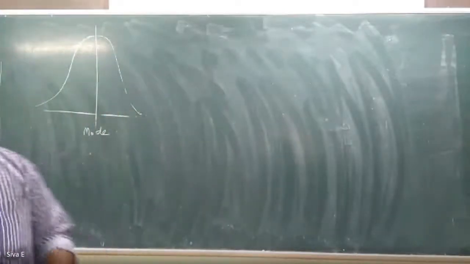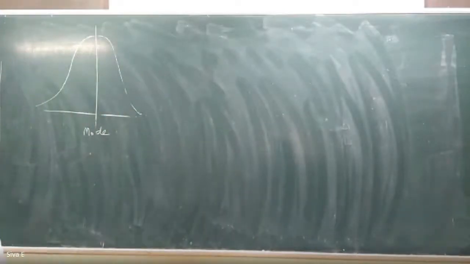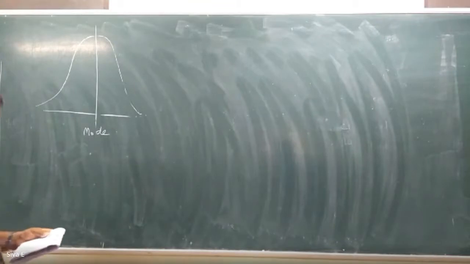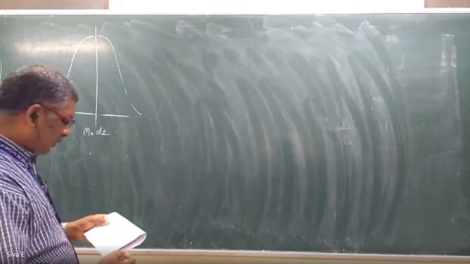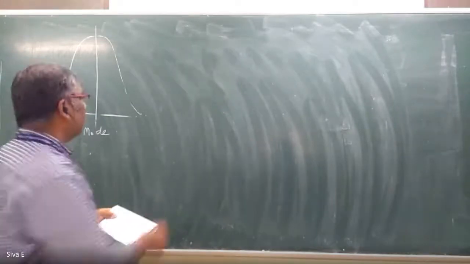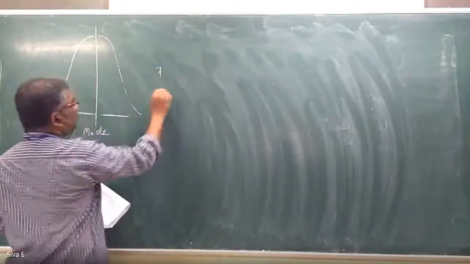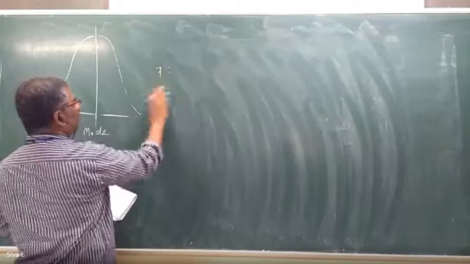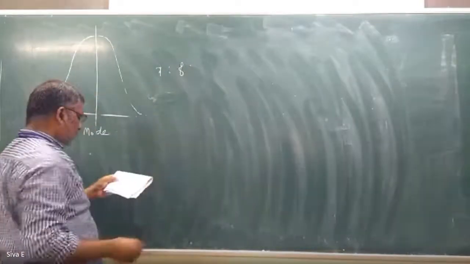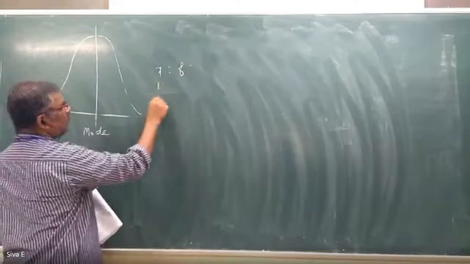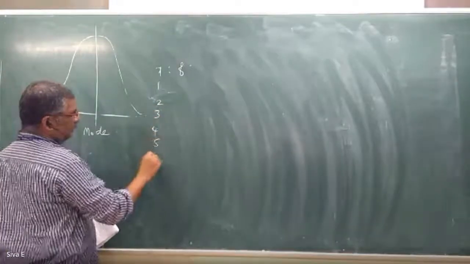Even for the discrete case, write a simple problem. Find the mode of the following data. X and F. This is a very simple problem. I am writing here: 1, 2, 9, 1, 2, 3, 4, 5.